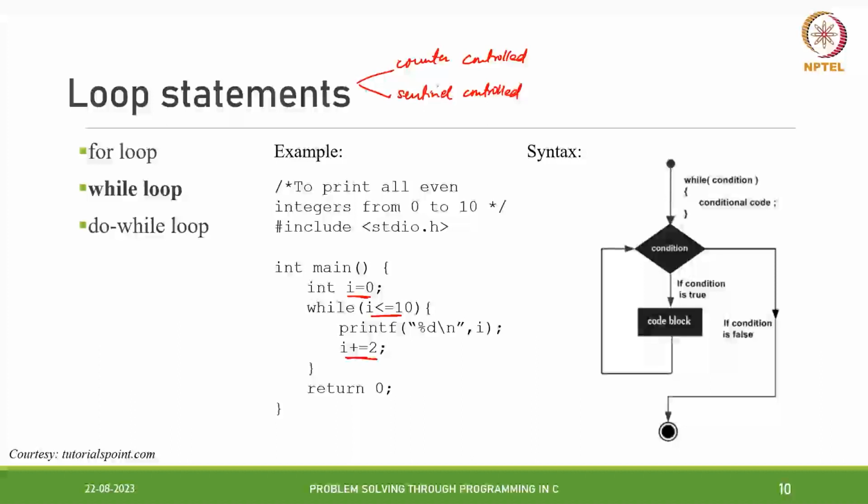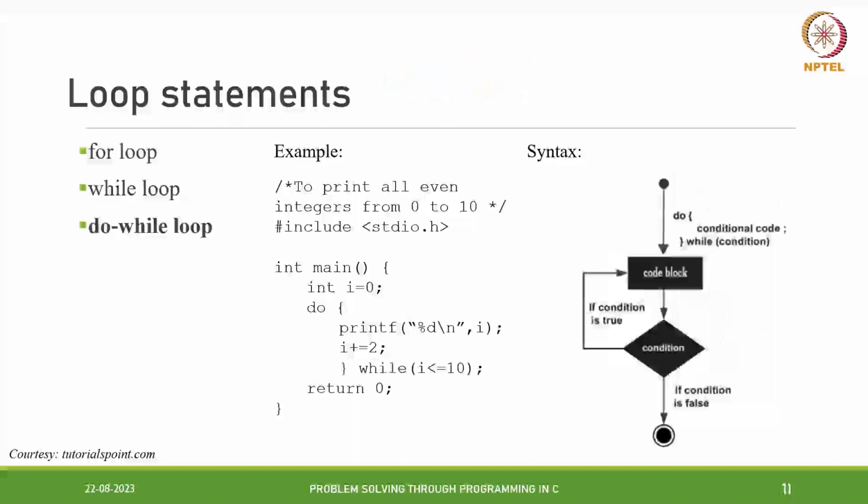Counter controlled means you know how many times it will loop, and sentinel controlled means it will loop until a certain condition has been achieved or has become false. So the while loop is mostly used in the sentinel controlled approach, while the for loop is mostly used in the counter controlled approach. But it's not necessary that it will be used only in that way. The for loop can be used with sentinel control, and the while loop can be used with either of these approaches. Okay.